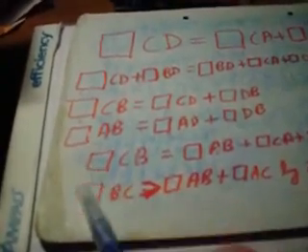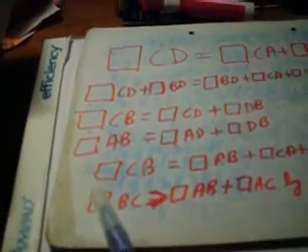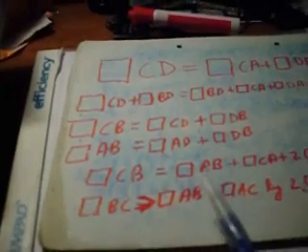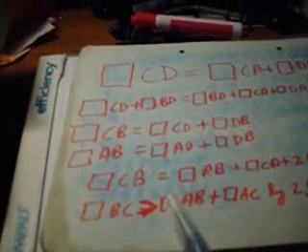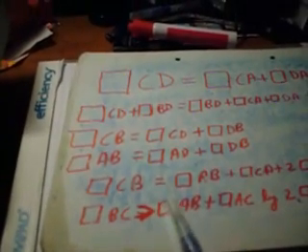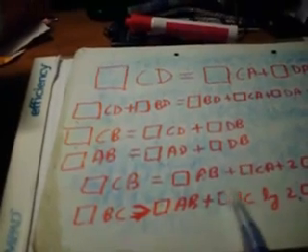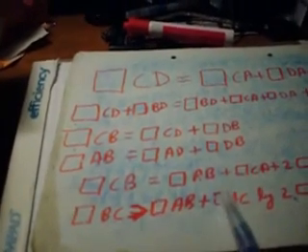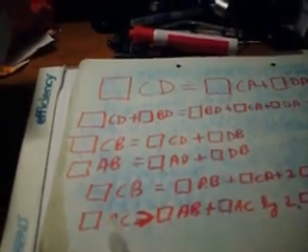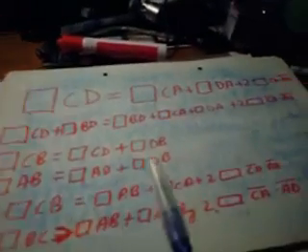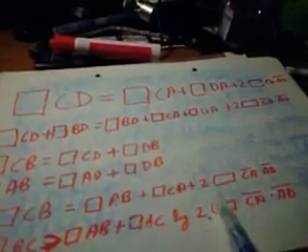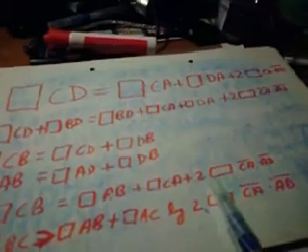The area contained by the square BC is greater than the area contained by the square AB and the area contained by the square AC. So if you were to add this area and this area together, they would be less than this area by the amount of twice the area of CA and AD.